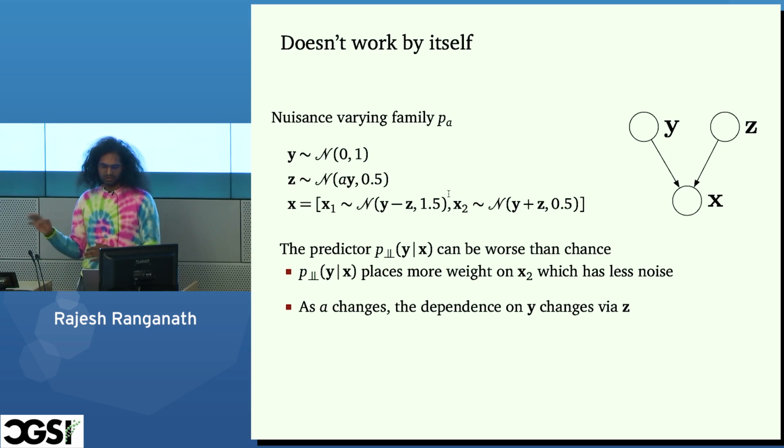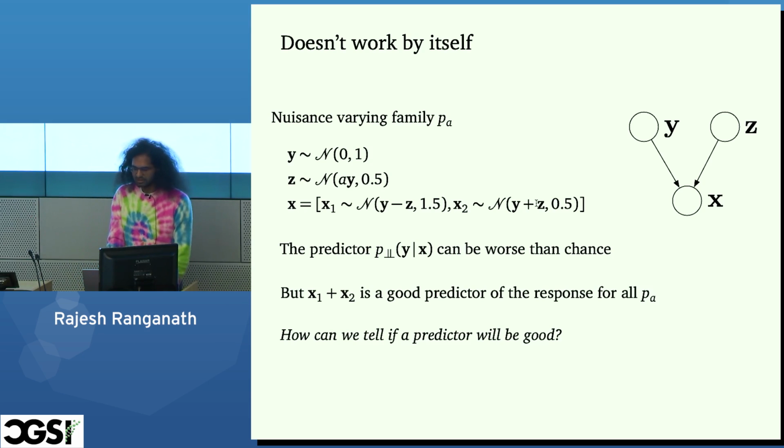And if you put more weight on the thing that has less noise, you're going to have this function of z in your predictor, and once I have a function of z in my predictor, you can just be arbitrarily bad. I can just scale A to be larger and larger, and then you're going to be bad, even though in this distribution the label and the nuisance are independent.